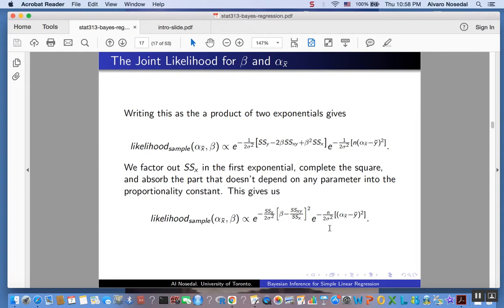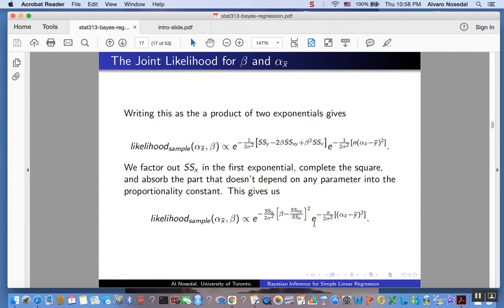Now, we also said that note that the likelihood for beta is proportional to the kernel of a normal with mean SSXY divided by SSX and variance sigma squared divided by SSX.